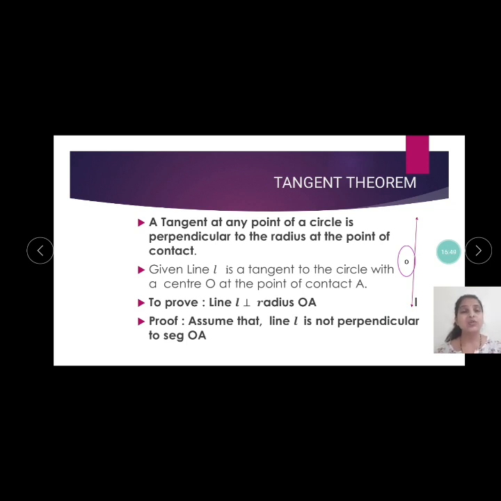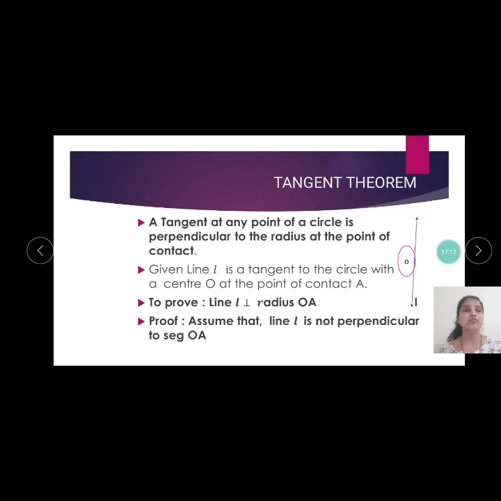What is given to us? Tangent at any point of a circle means any one line which is tangent to the circle, at the point of contact. What we have to prove is that whatever tangent we have drawn, line L, is perpendicular to the radius.